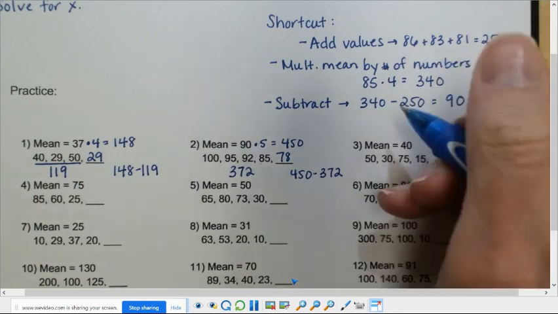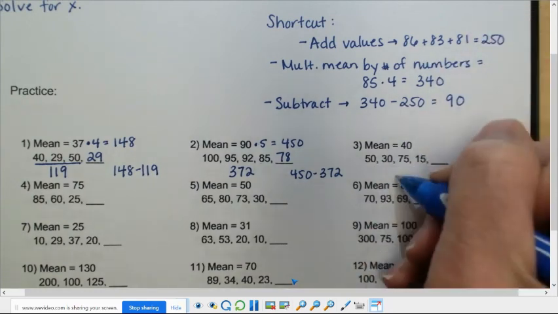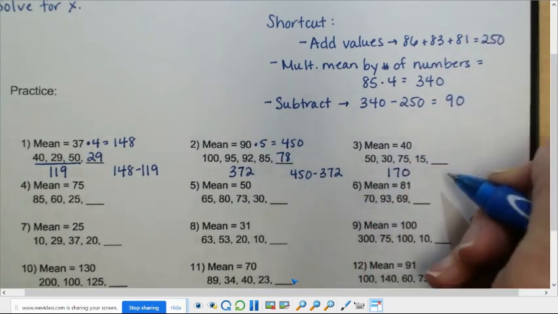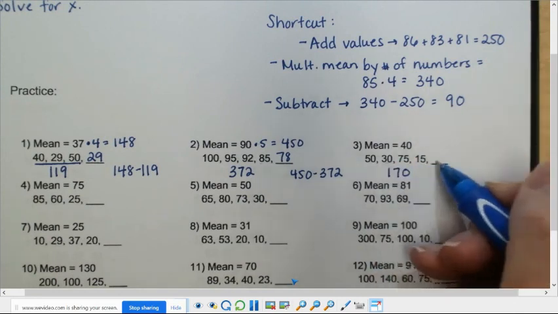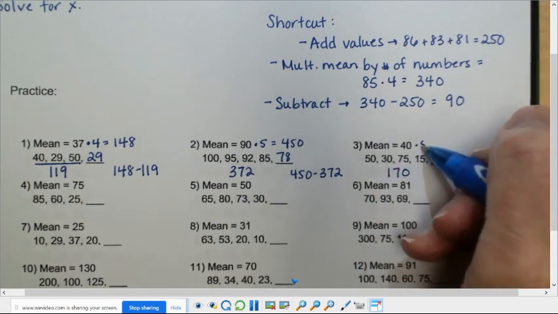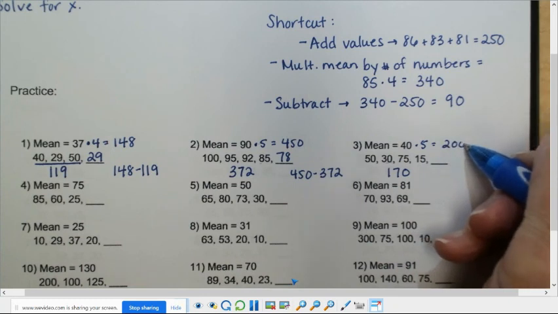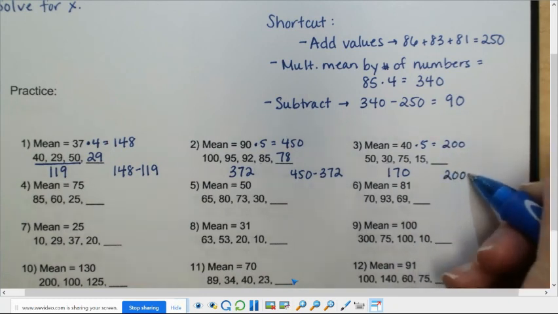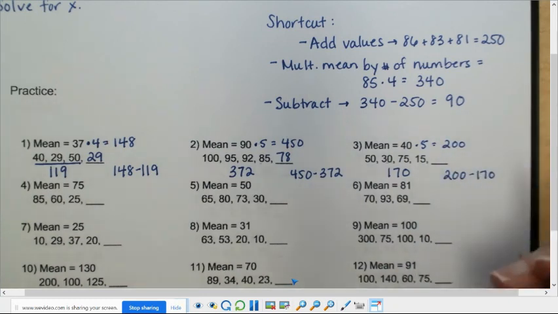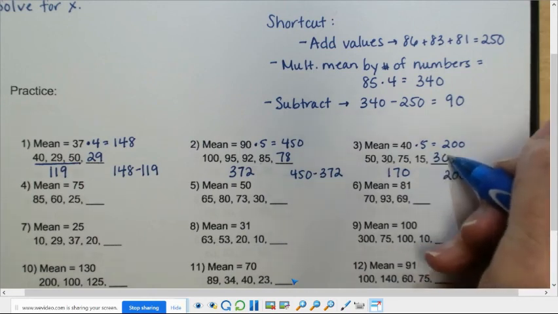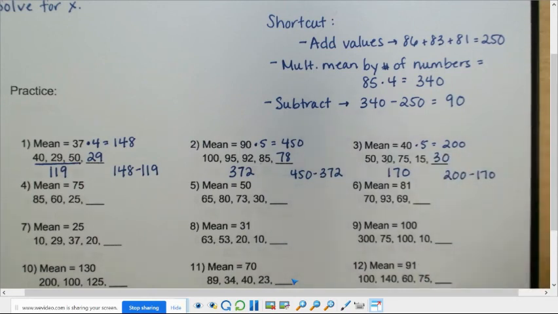For number 3, again, I will add. When I add those numbers, I get 170. 5 values total, so I'll multiply to get 200. And then 200 minus 170 is 30. So that's how you find the missing value when you are given the mean.